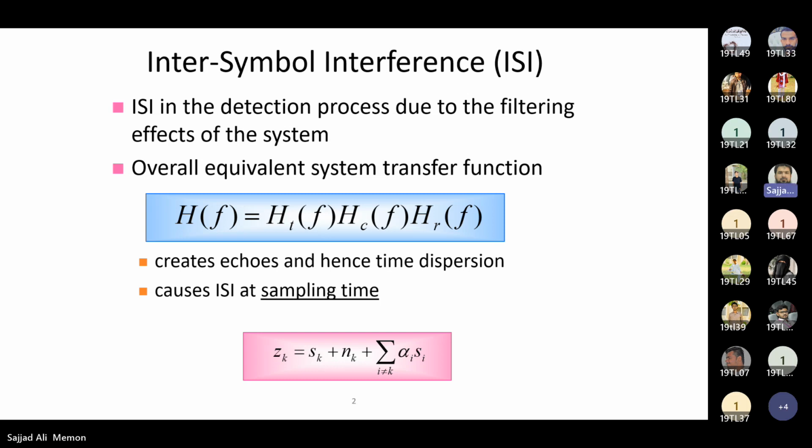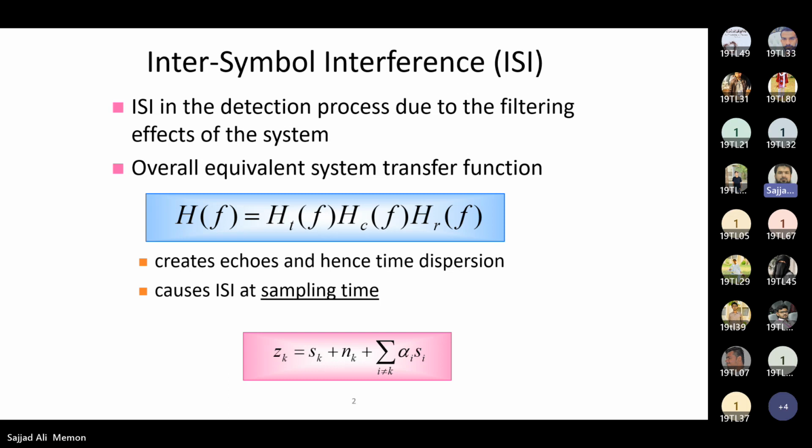One of the reasons your signal can have ISI, inter-symbol interference, in the detection process is due to the filtering effects of the system. When we convert signal from analog to digital or digital to analog, we use filters. Due to that, ISI can be induced.